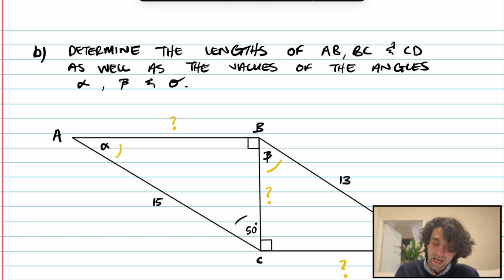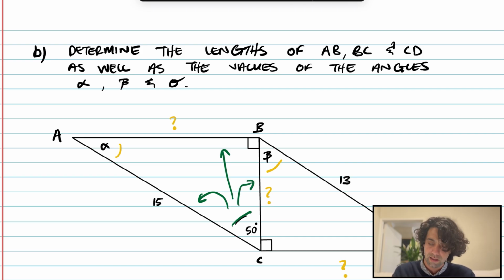Which angles have they given us to start off with? Well, they've given us this 50 degrees, so we can use trigonometry to solve our unknown sides. We can also solve this side using trigonometry from that 50 degrees. We can obviously solve for alpha, since we know that the internal angles of a triangle add up to 180 degrees.